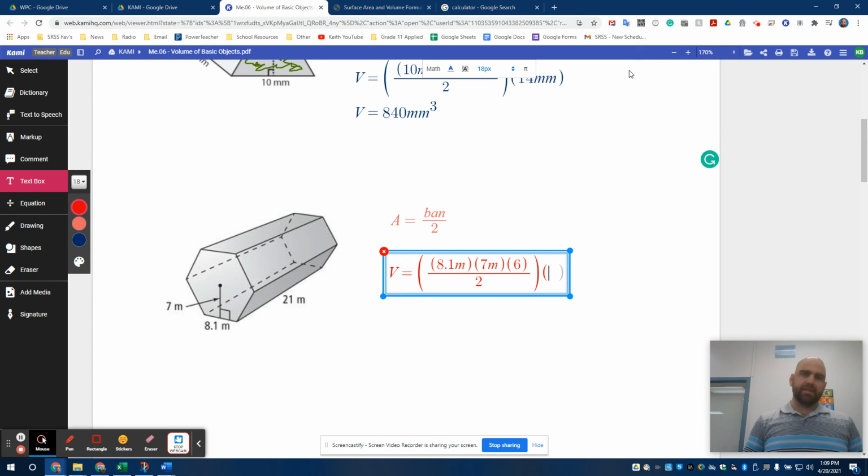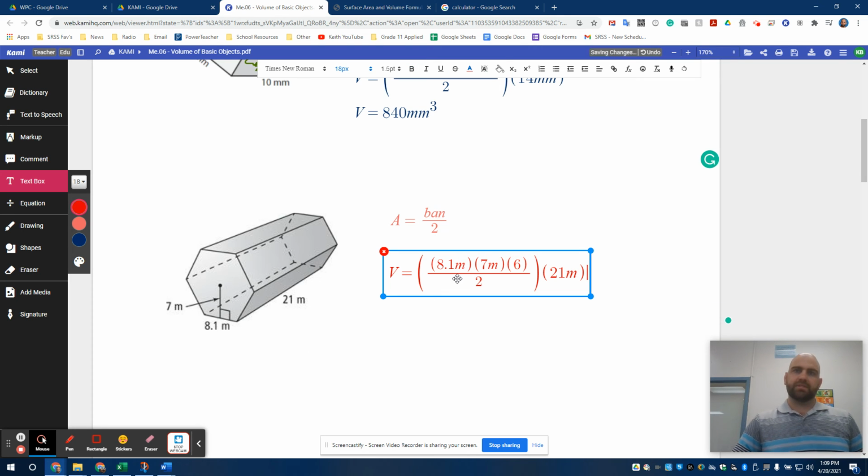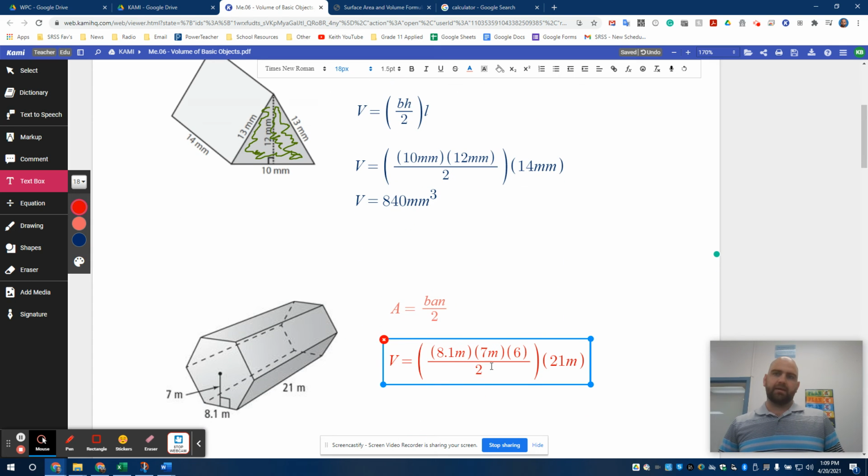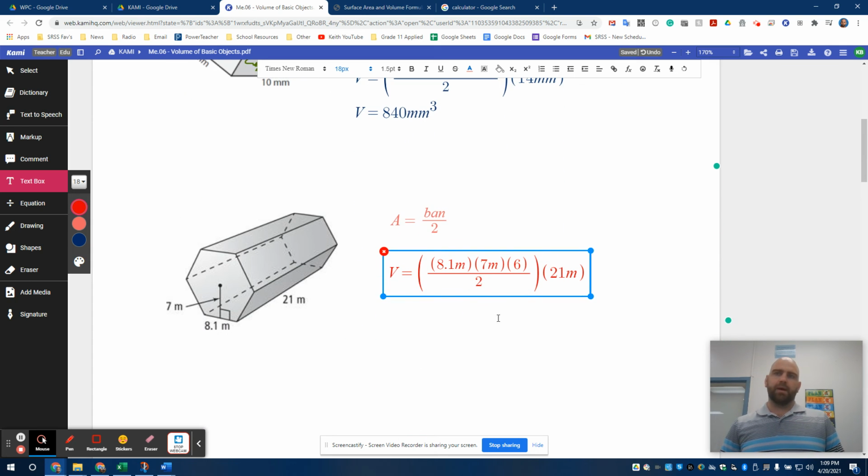And we're going to multiply this by the length of our prism, which now is that bottom piece. The length of one of those rectangles is going to be our length, so 21 meters. Again, you'll notice that we've taken our area formula and plugged it right into our volume formula. Remember, volume is base area times length. This is the base area, so we plug it in there and multiply it by the length.